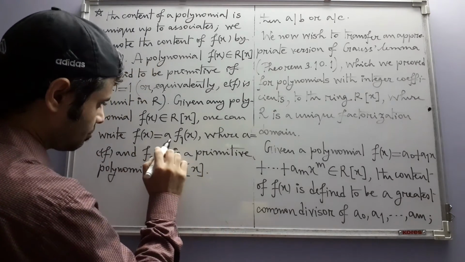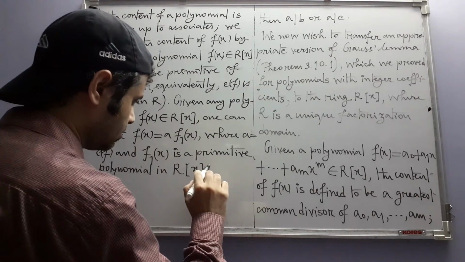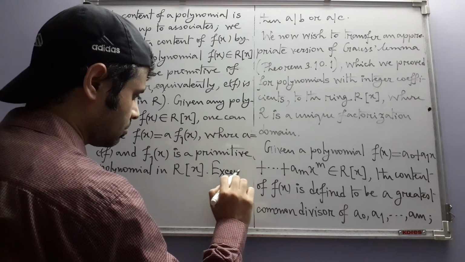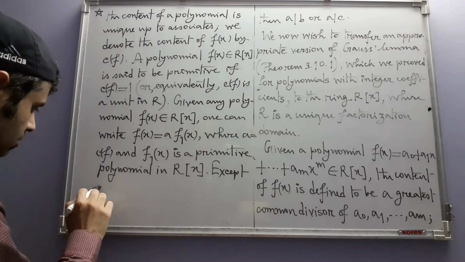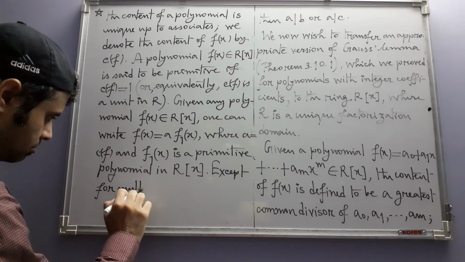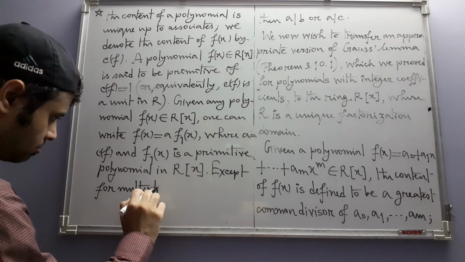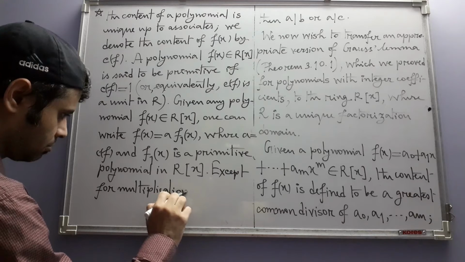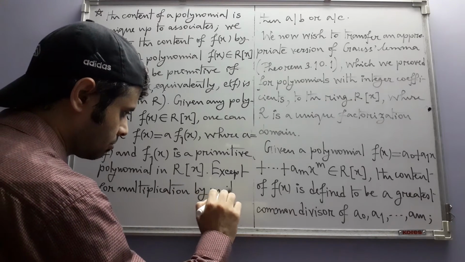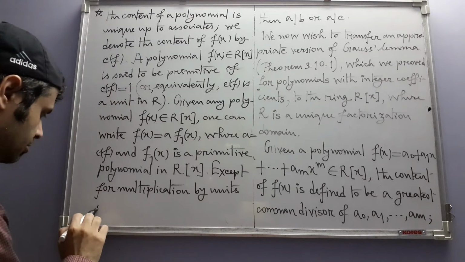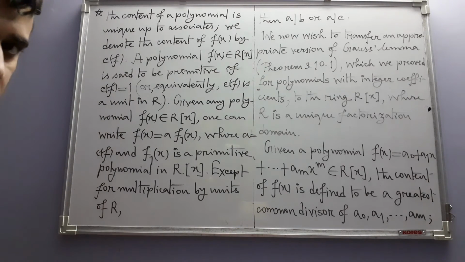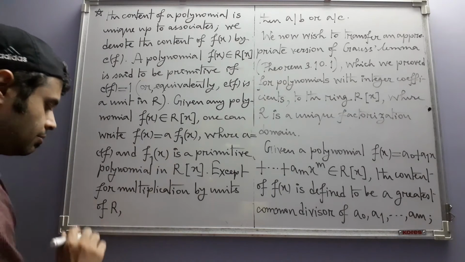And this factorization is also unique except for multiplication by units of R, that means up to associates, they are the same.